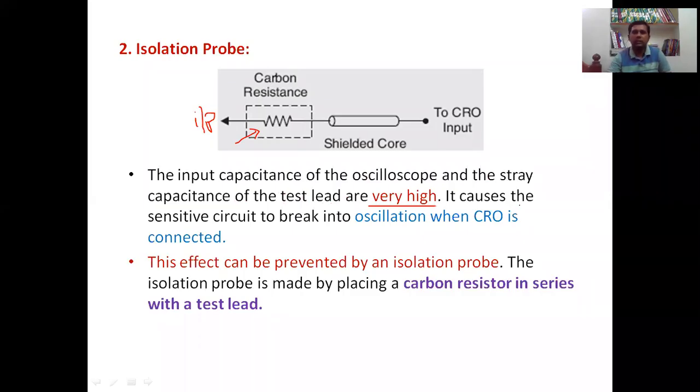It causes the sensitive circuit to break into oscillation when the CRO is connected. The meaning is, if you use the high capacitance probe, that is the direct probe as it is, then the signal displayed on the screen of the CRO is oscillatory. It continuously oscillates the response.